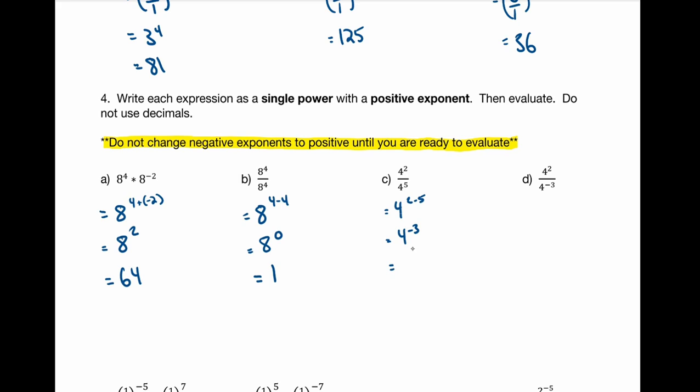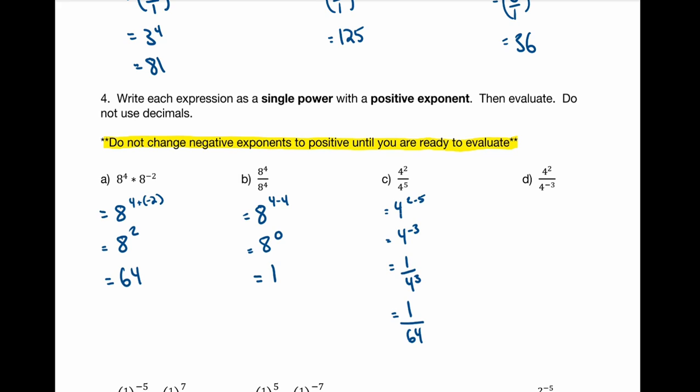Remember, we have to flip our base, so it becomes 1 over 4, and that exponent of 3 becomes positive. So 4 to the power of negative 3 becomes 1 over 4 to the power of 3. This I can evaluate. 4 to the power of 3 is 64.